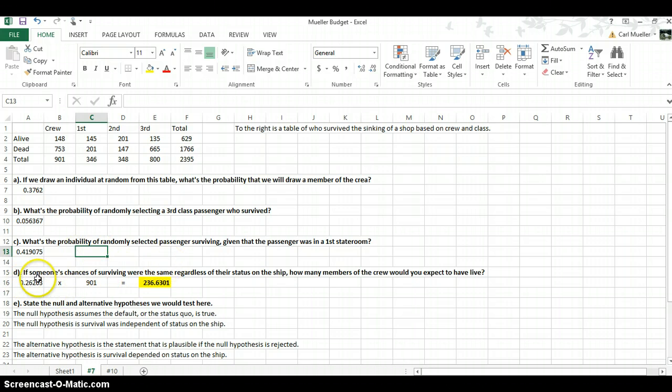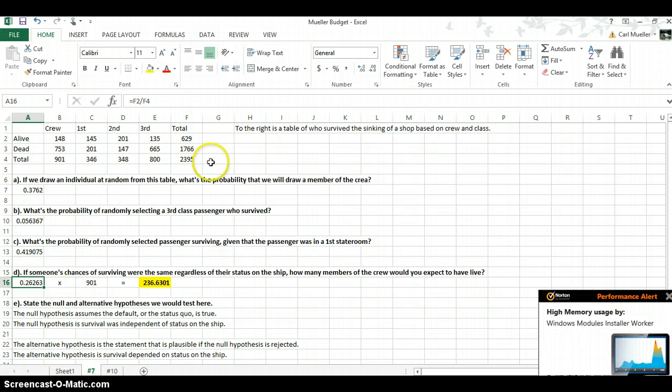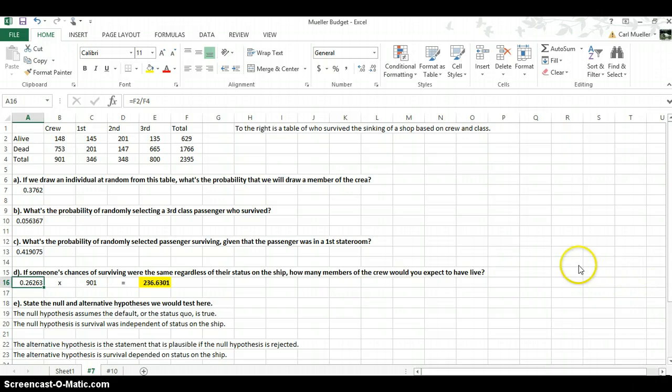Part D, if someone's chances of surviving were the same regardless of their status, how many members of the crew would you expect to live? So we're taking the F2 divided by F4, which gets us the survival rate across the board. 26% survived. As I mentioned earlier, it's a pretty low rate irrespective of crew or class.